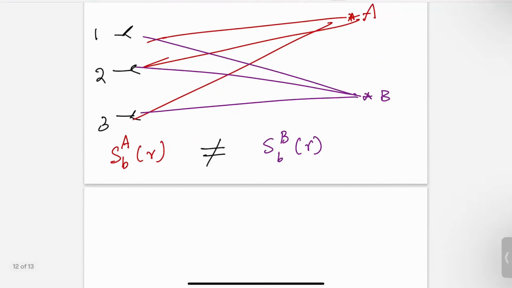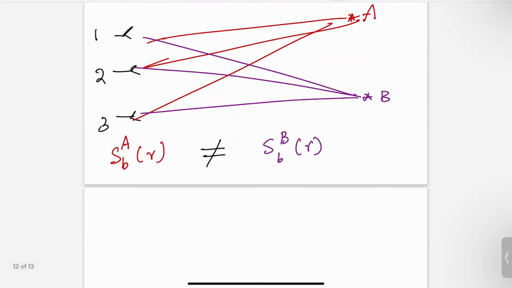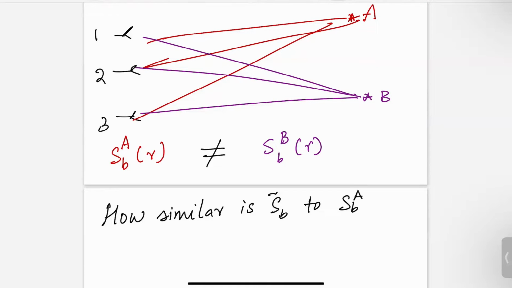So the idea here is that since SB tilde is a collection of all of these target responses, you want to see how similar is the actual signal that you receive to SB of A.